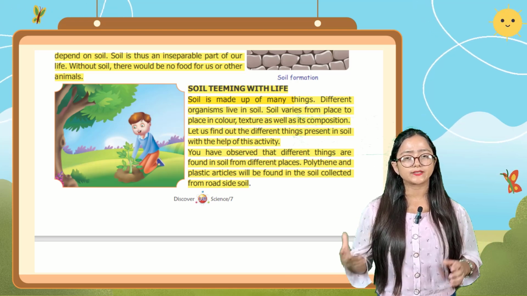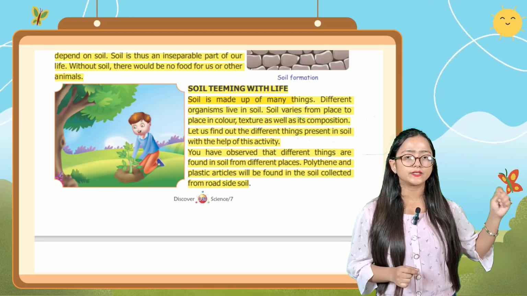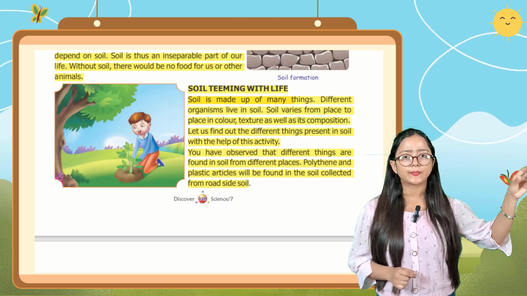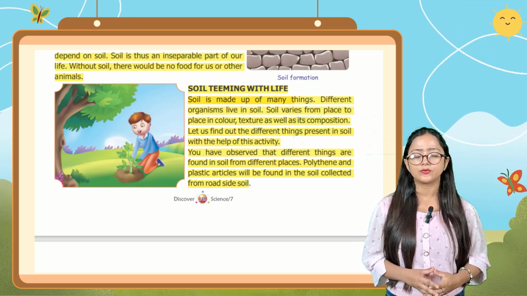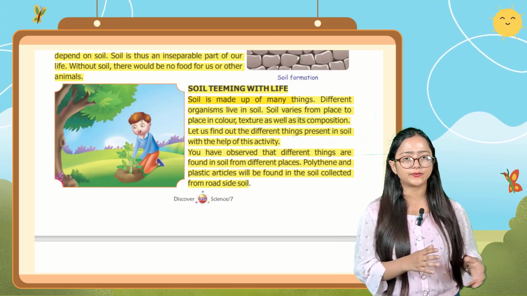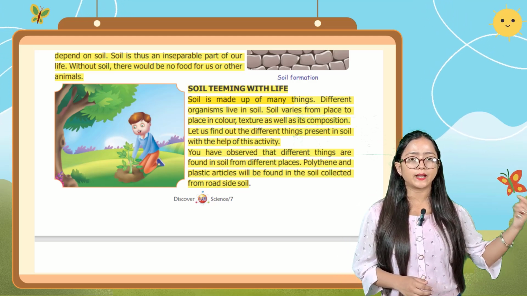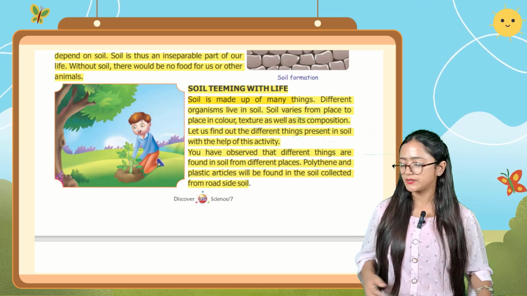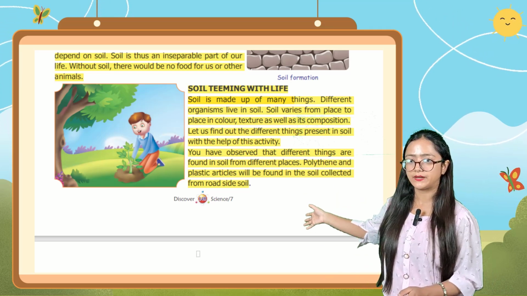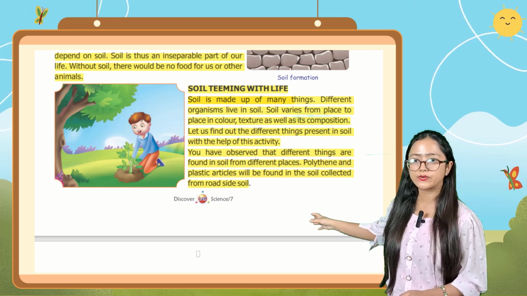Polythene and plastic articles will be found in soil collected from roadside soil. So basically from the roadside soil you can find the polythene and plastic articles. Okay, here you can see how the boy is planting that plant, okay, by digging the soil and all.